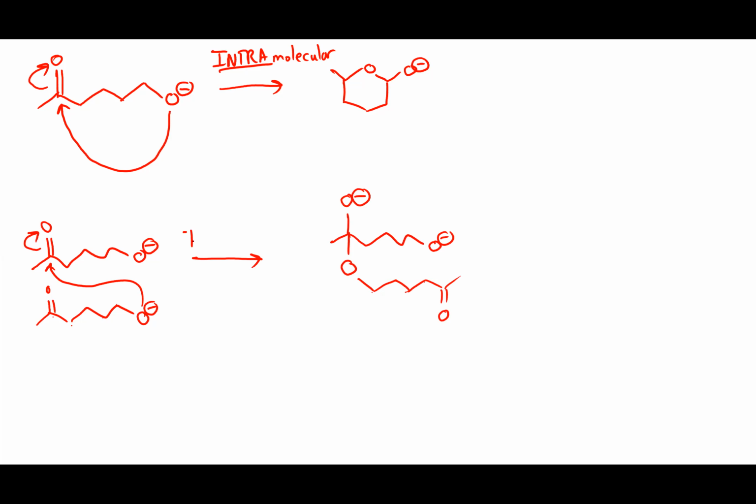So that's the intermolecular. And those two reactions are both possible. I'm going to say that the intramolecular is a lot faster. And that's because this is a six-membered ring.